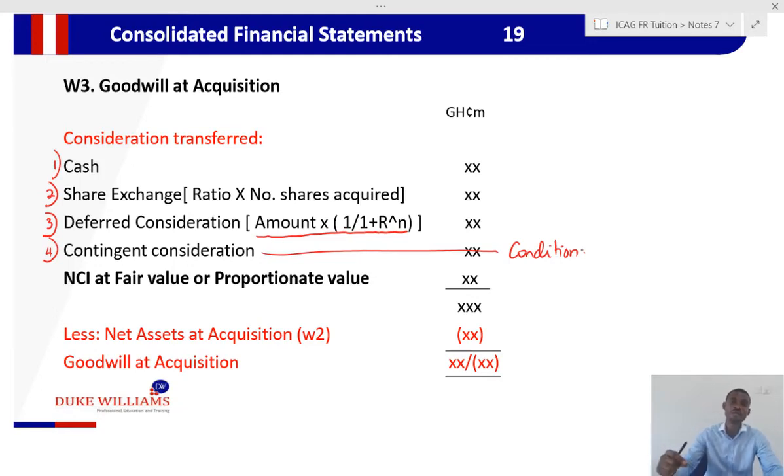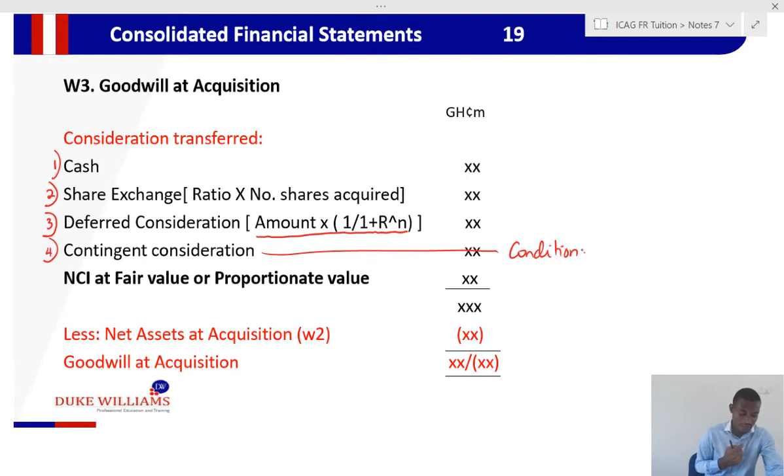So if entity B fails to achieve that profit percentage, entity A will not pay, so we say it's contingent. The probability is 50-50. At each year end, entity A has to reassess the likely outcome of that payment and the probability that it will occur. So often we look at the likelihood, which is the probability, times the future amount, which is often discounted.